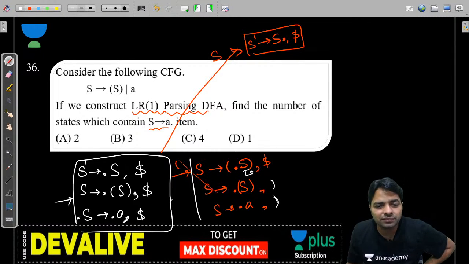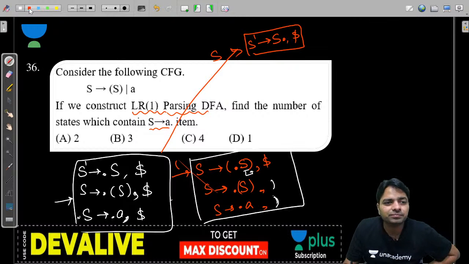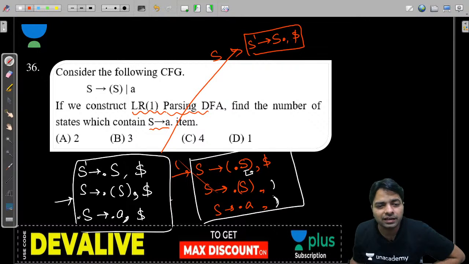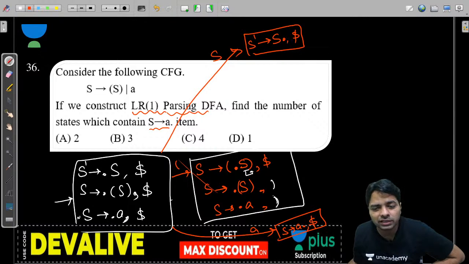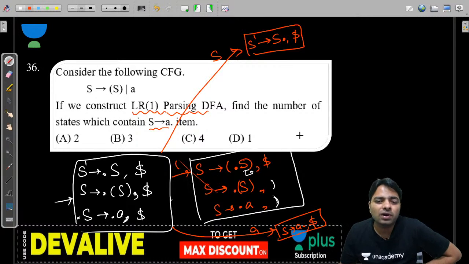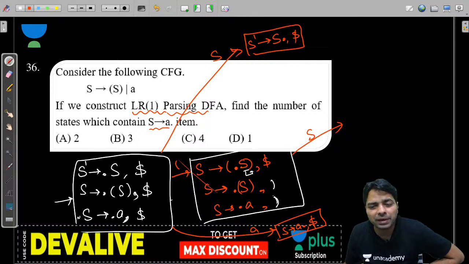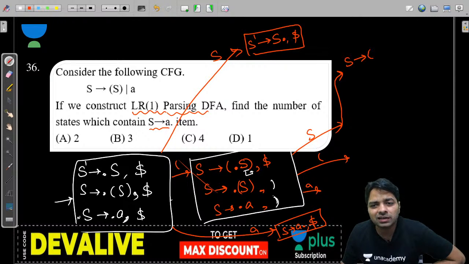Right, so we have another state here, and A, when you write here, you will have S → A dot, comma, dollar already computed. So now we have to read open parenthesis, and we have to read A, all are different. So S we have here, that S' derives S dot closed.